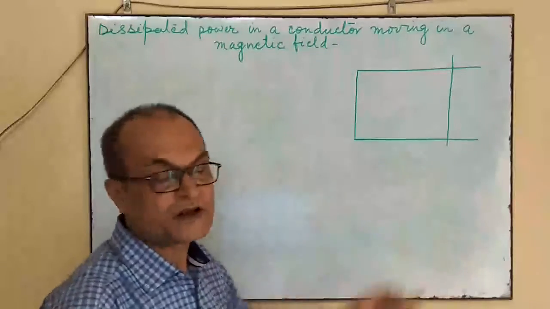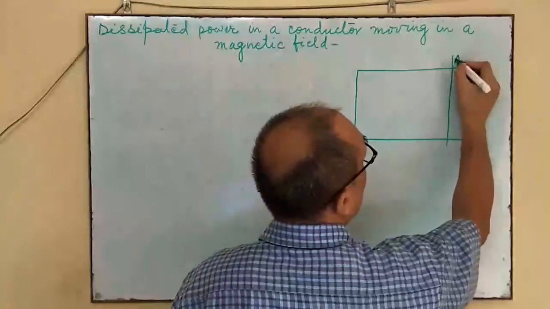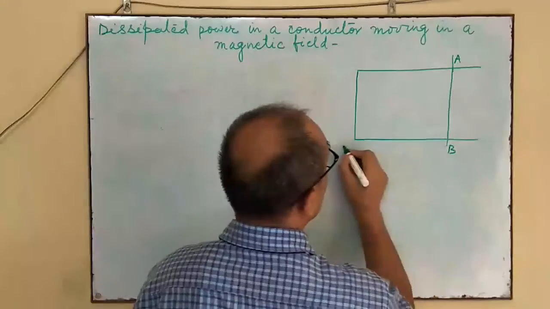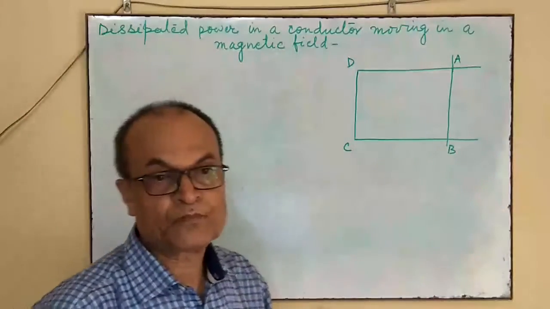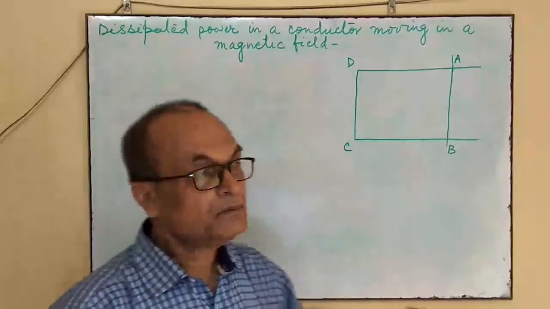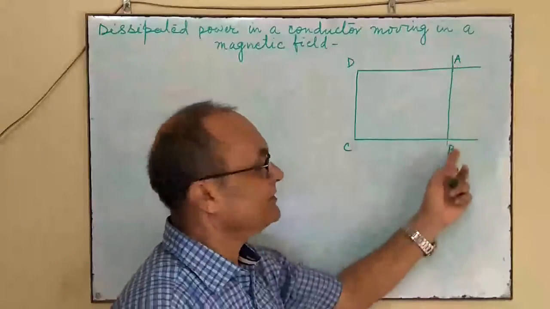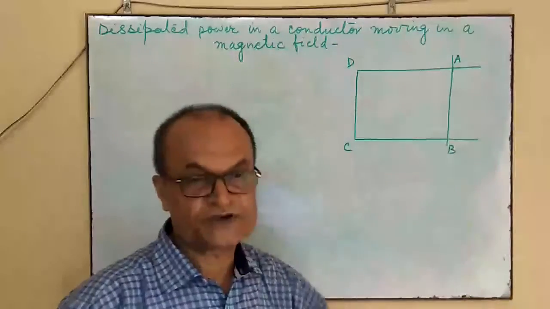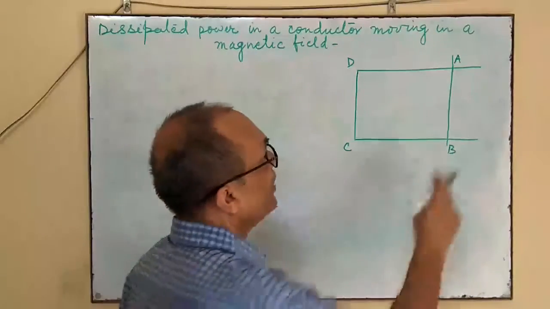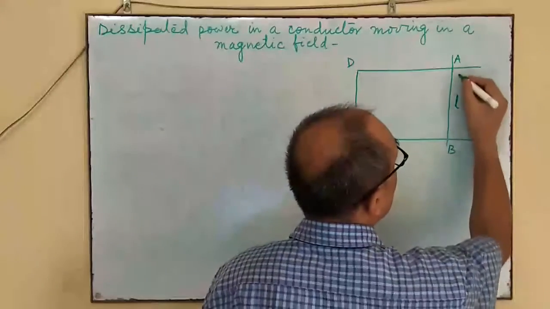We should know that AB is movable, that it can slide without friction, and the length of AB is, suppose, L.